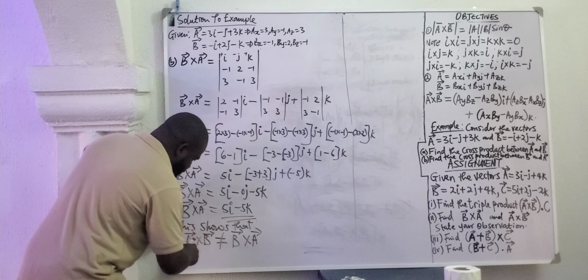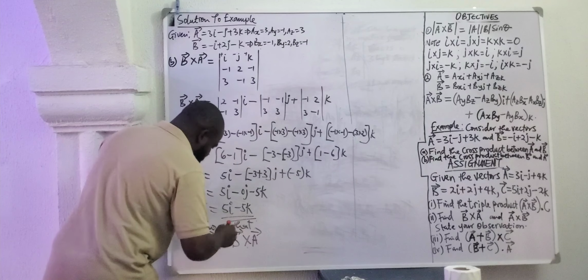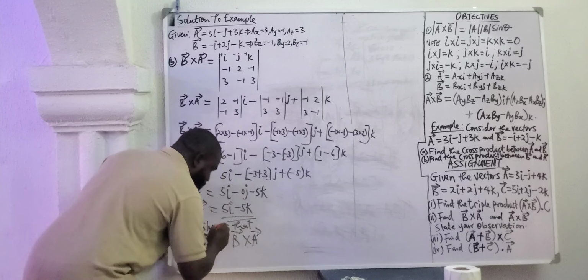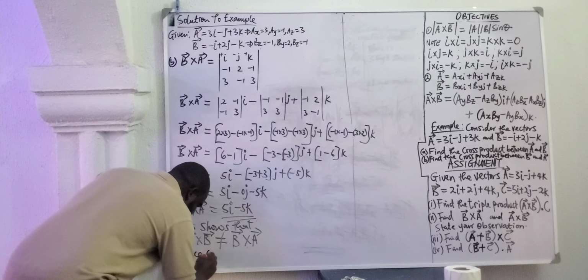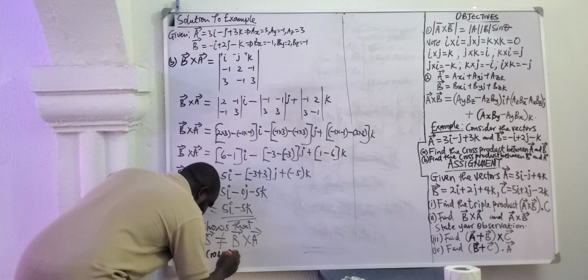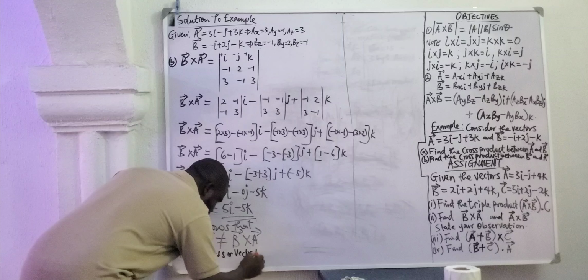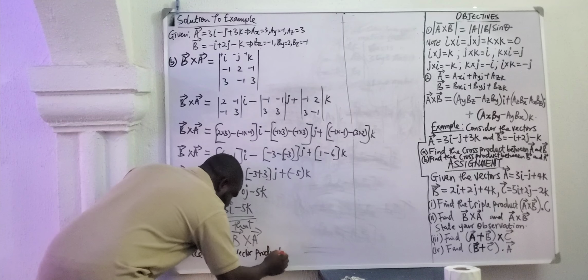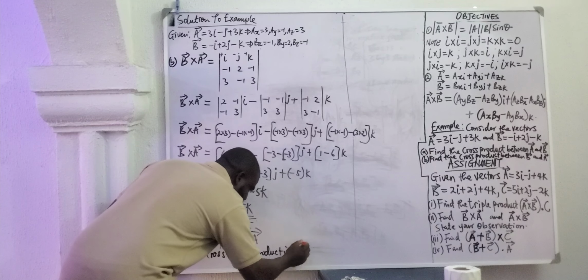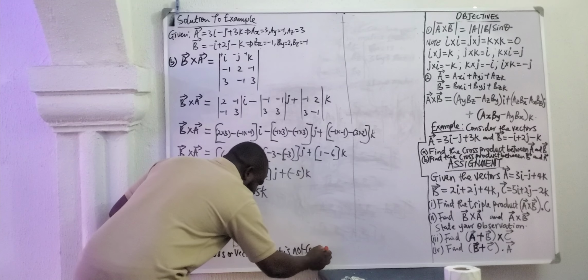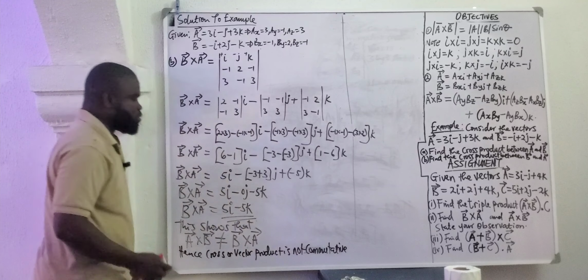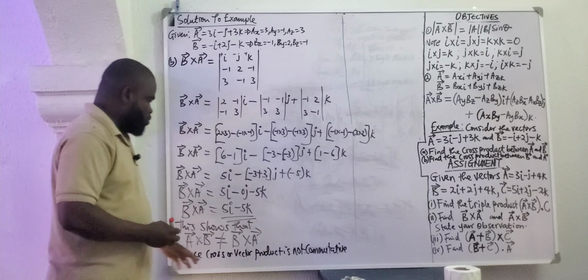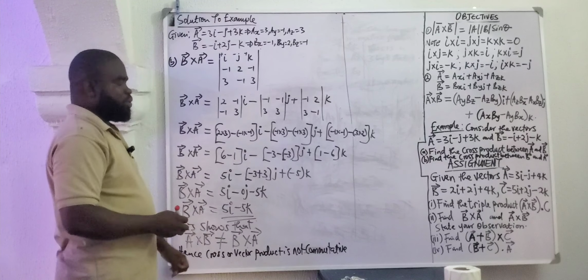This shows that A cross B is not B cross A. So hence cross product or vector product is not commutative. So assuming A cross B is B cross A, we say it is what? Commutative. Does not obey commutative law.